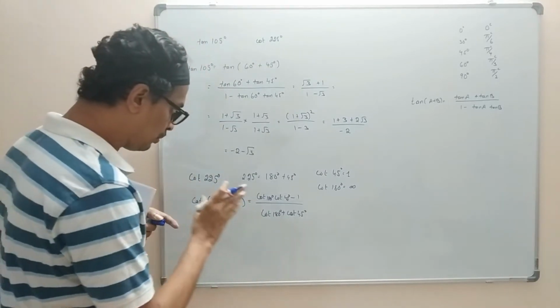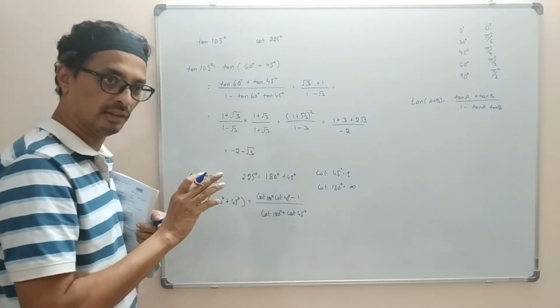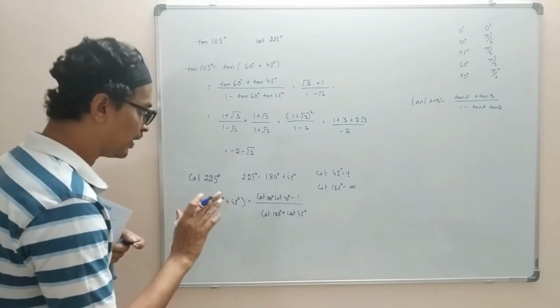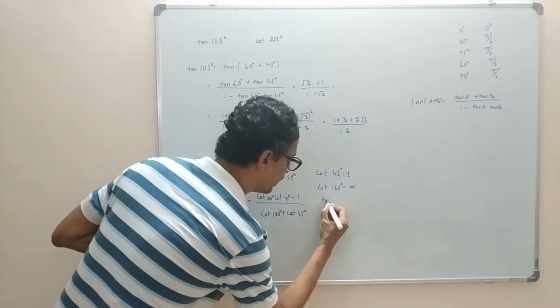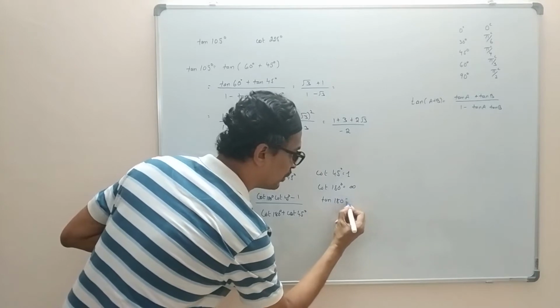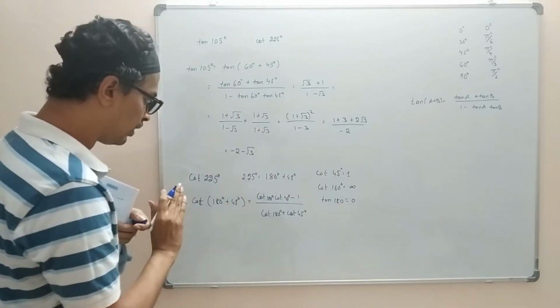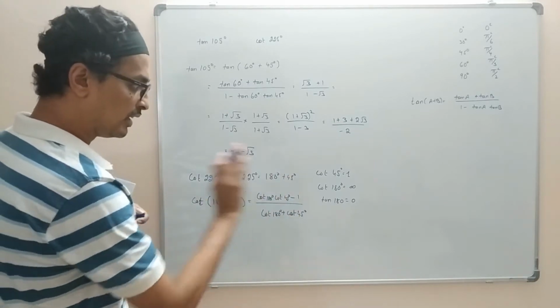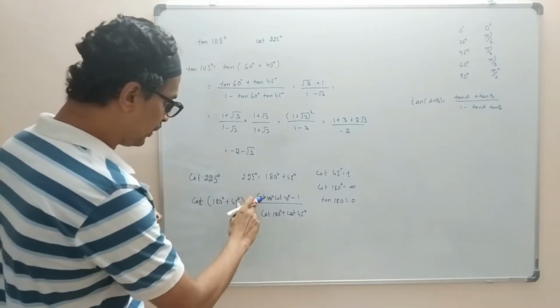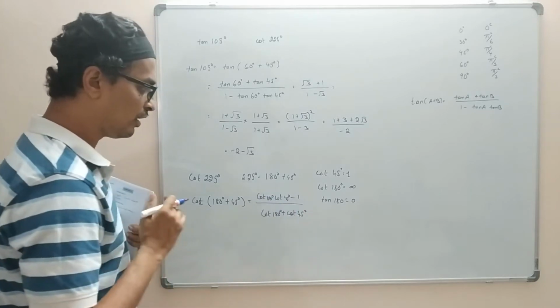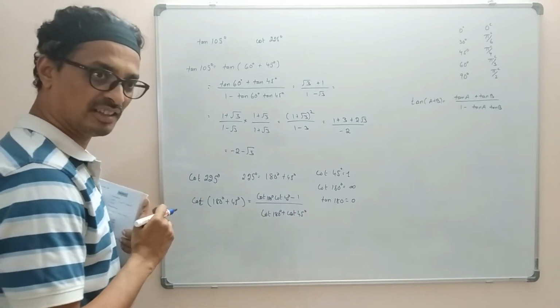So somehow we have to eliminate this 180. Okay, let us see how you are going to eliminate. But if I say tan 180 equals 0, got it? So somehow I want to remove this cot 180 by tan 180. What am I going to do? I am going to divide above and below by cot 180. Correct? So we can do that.